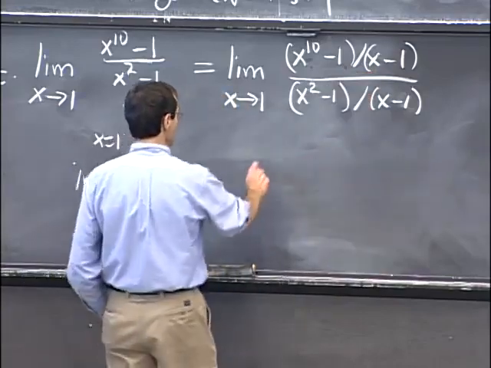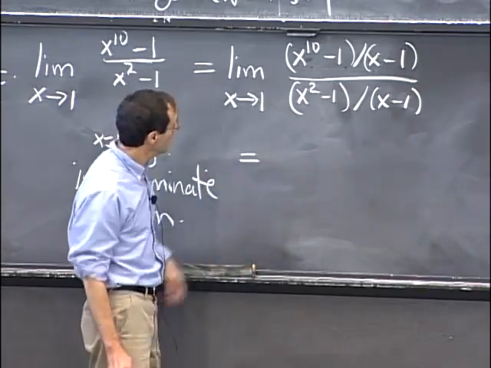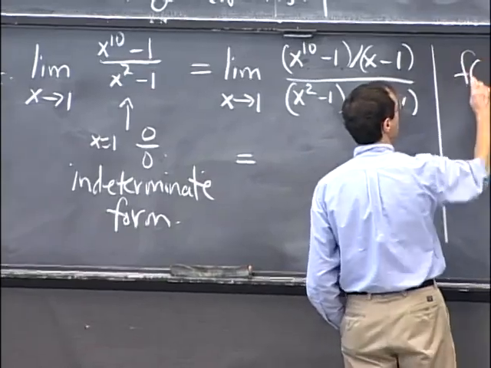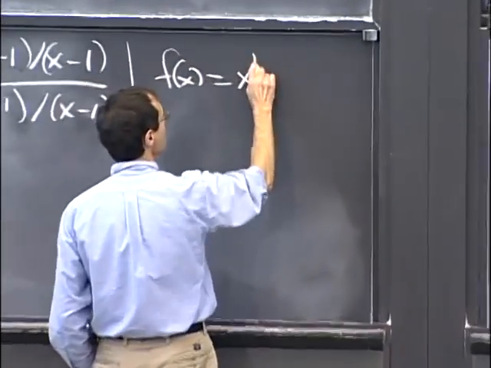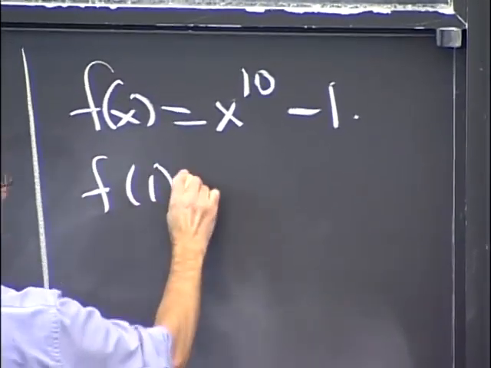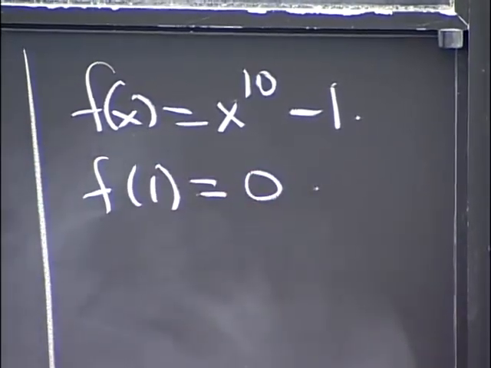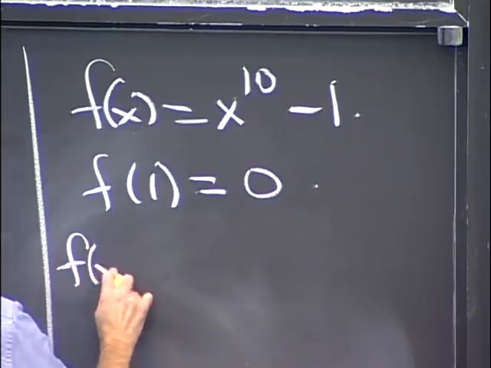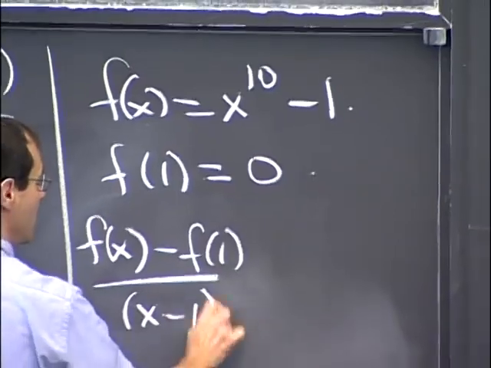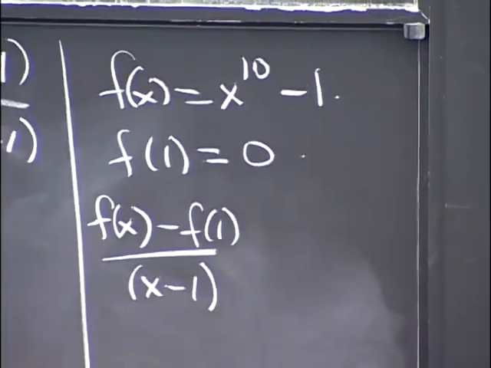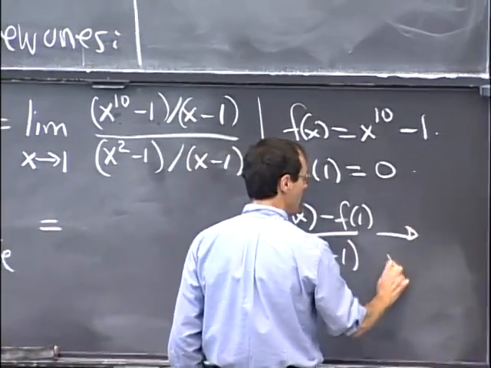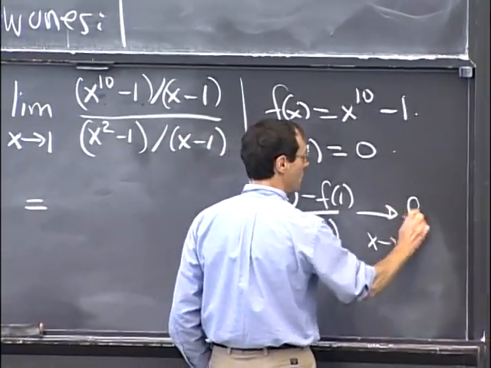So the idea is that this is actually equal to, in the limit, let's just study one piece of it. If I have a function f of x, which is x to the 10th minus 1, and the value at 1 happens to be equal to 0, then this expression that we have, which is in disguise the difference quotient, tends to, as x goes to 1, the derivative, which is f prime of 1.